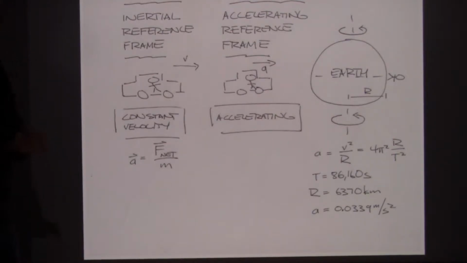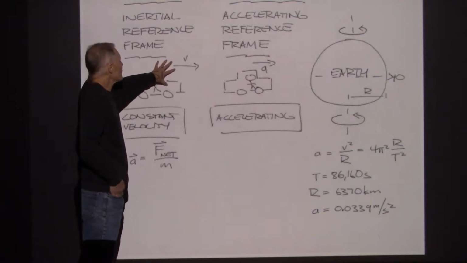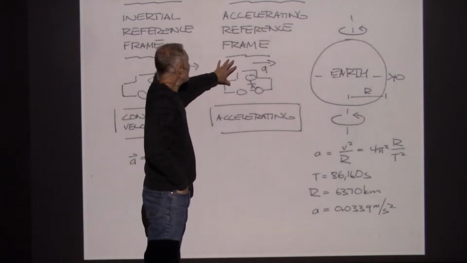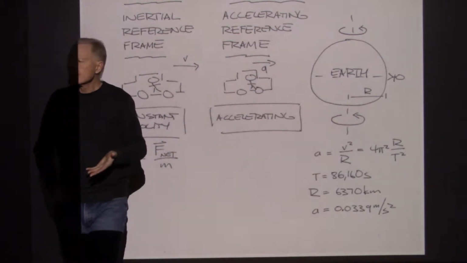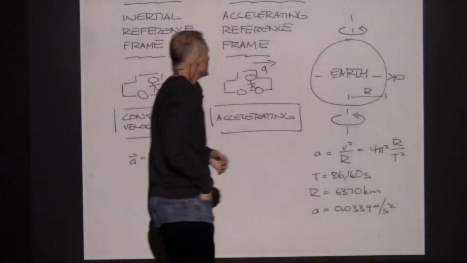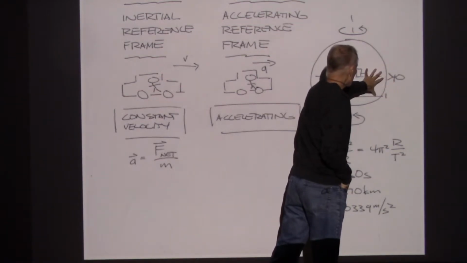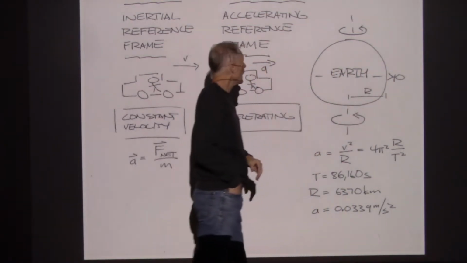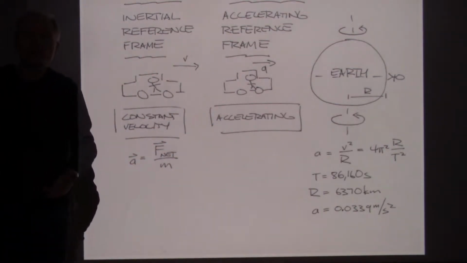So the inertial reference frames are going to be characterized, we say, by constant velocity. If I'm in an accelerating frame, then there are going to be effects that I notice due to that acceleration. So, for example, if I'm standing on the surface of the Earth, and we've got this person right at the equator, they're actually not in an inertial reference frame.